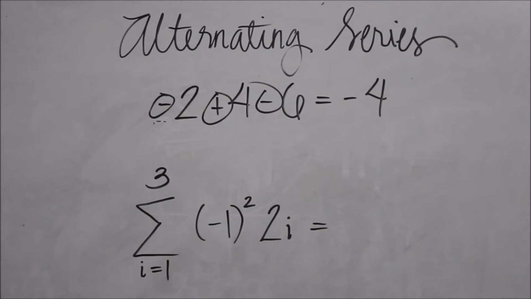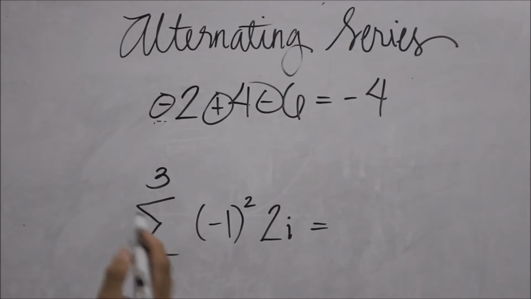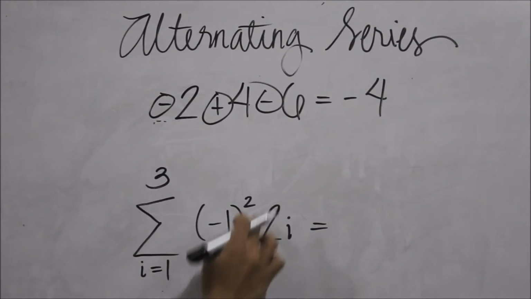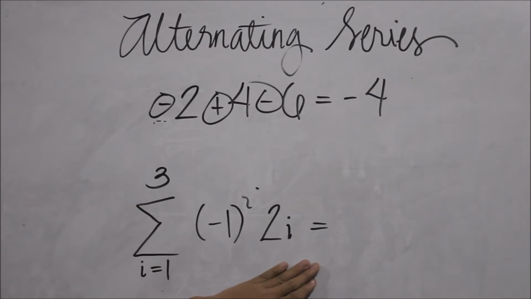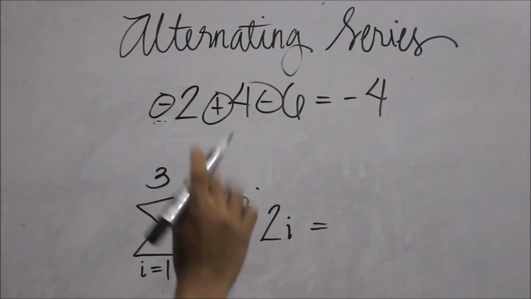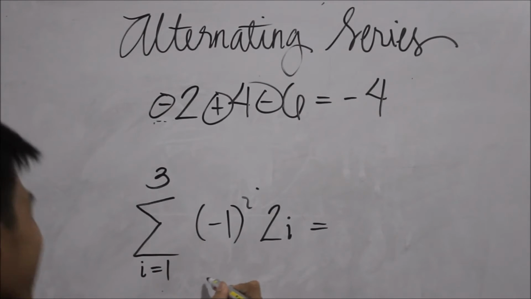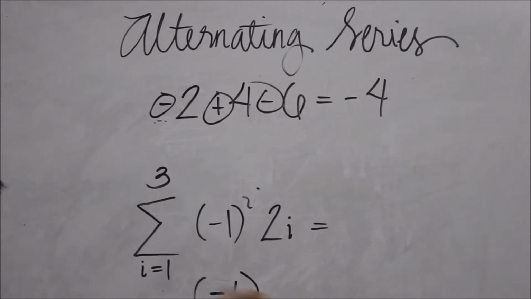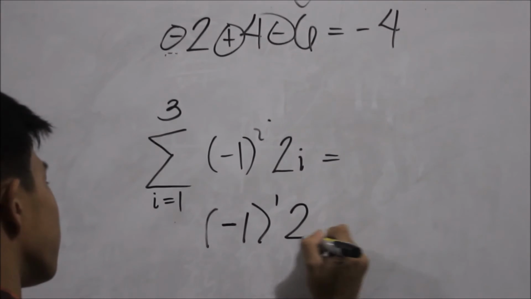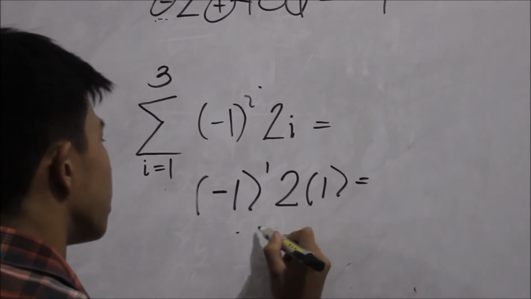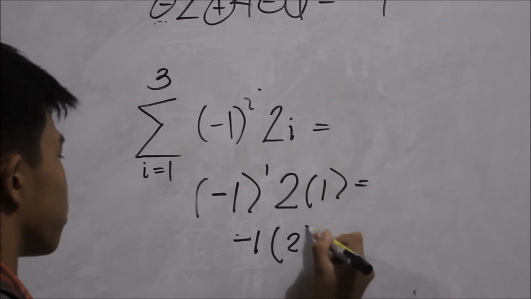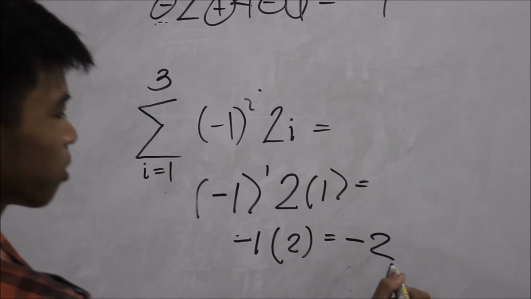But we can also compute it using the sigma notation. So we'll just substitute the value of i to this notation. So we'll substitute 1: negative 1 raised to 1, times 2 times 1, which is equal to negative 1 multiplied by 2, which is equal to negative 2.